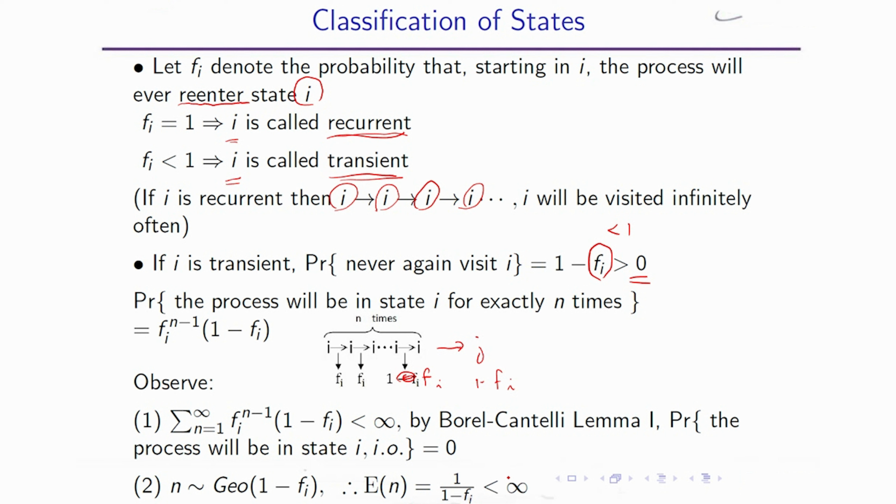So that means if i is a transient state, the expected number of times that the process will be in state i is less than infinity. On the other hand, if the state is recurrent, as we have learned, the number of times that the process will visit the state will be infinite.